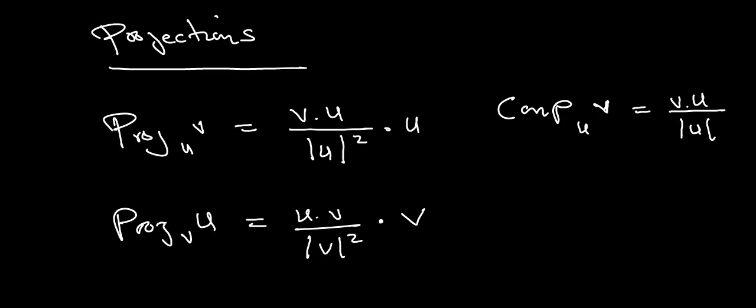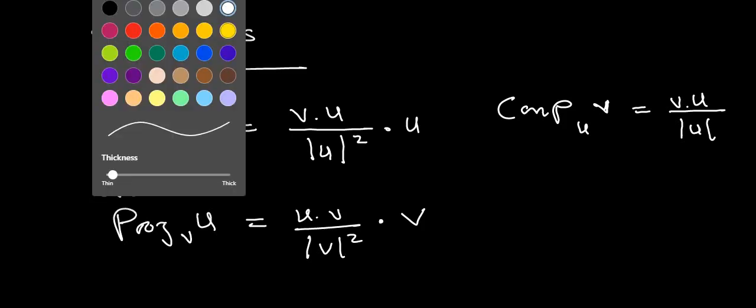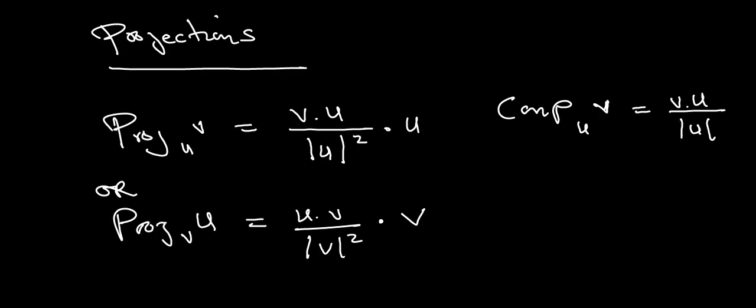These are the only two formulas we need. It depends on which vector you're projecting onto the other. If we're projecting u onto v, this is what we have. Our v onto u, this is what we have. So let me give you now an example. We've done the properties. Let me give you an illustration.